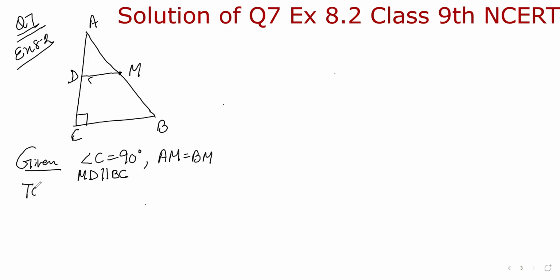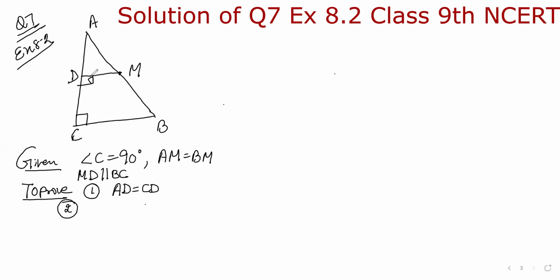Now to prove. There are three things which are required to be proved. First thing, D is the midpoint of AC. That means we have to prove that AD is equal to CD. This is the first thing we are supposed to prove. Second, MD is perpendicular to AC.